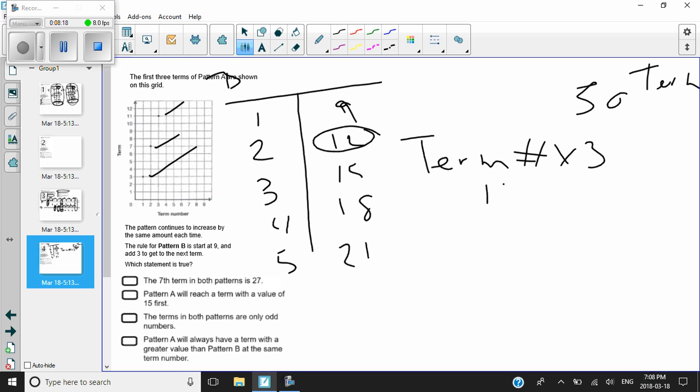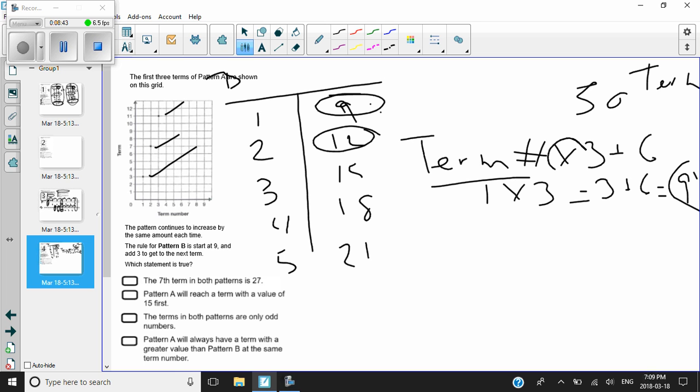So 1 times 3 equals 3, but that's not enough because it has to get to 9. See how it has to get to 9? What about 3 plus 6? Let's try plus 6 equals 9. Okay, so that works. So the rule could be plus 6. So term number times 3 plus 6.